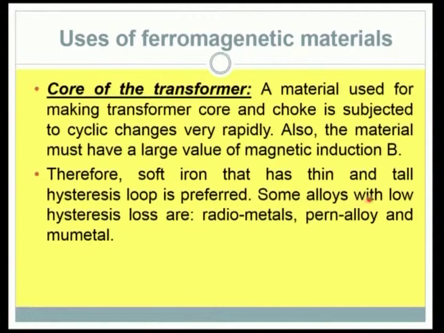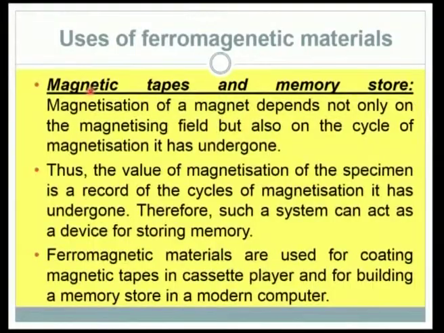Some alloys with low hysteresis loss are radio metals, Permalloy and mu metal. These are some of the alloys which have very low hysteresis loss, specially designed to have high magnetic induction B for a very low H, the magnetizing field.